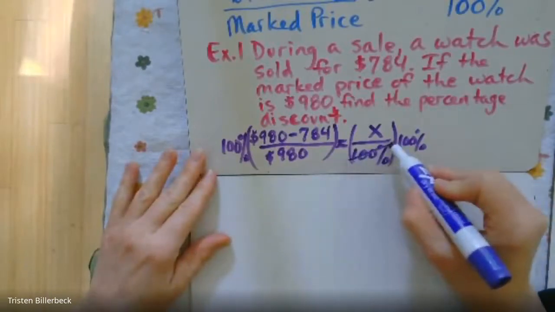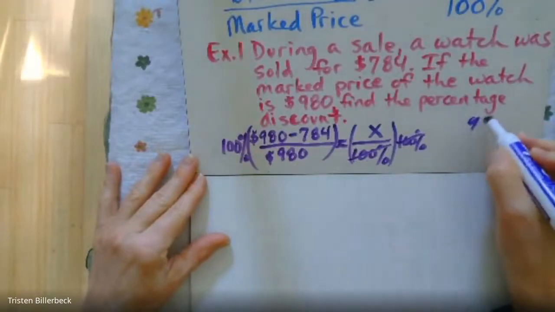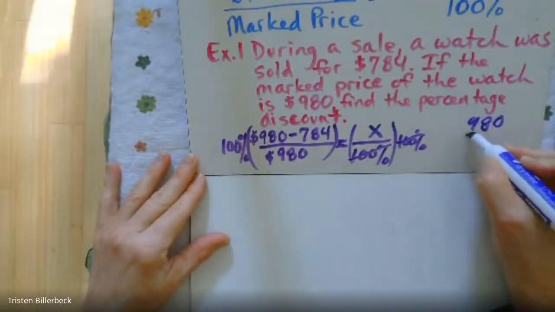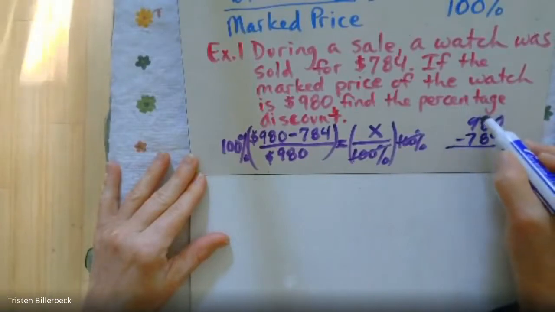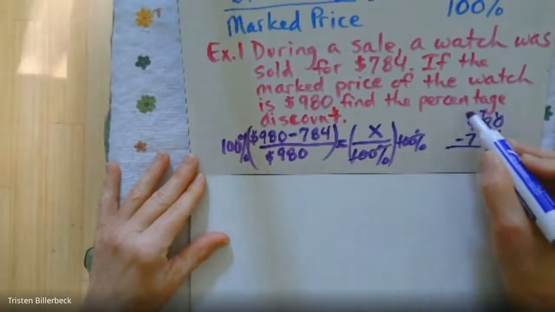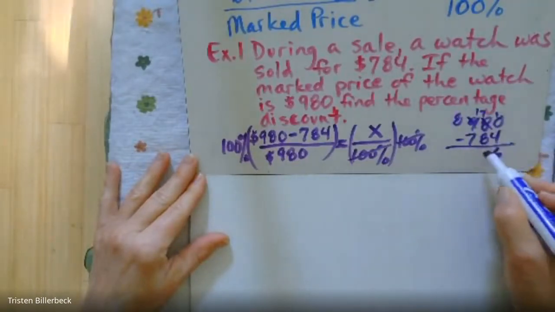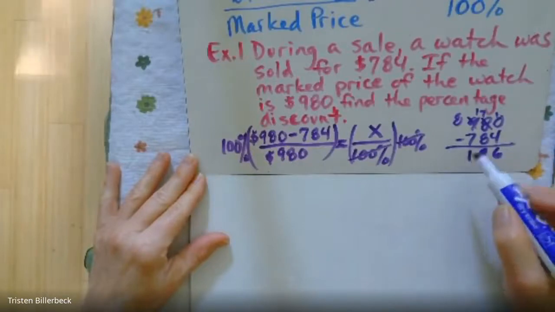All right, so that crosses that out. And let's look at, well, what is 980 minus 784? So we borrow one from here, and we have 6. We borrow one from here, and that's 9. And 196.